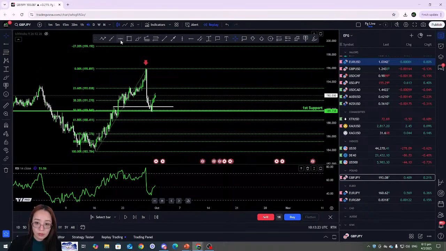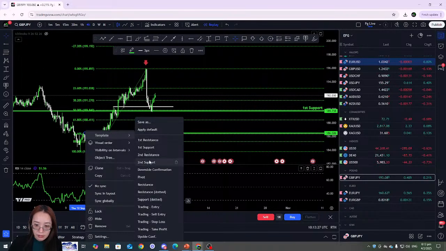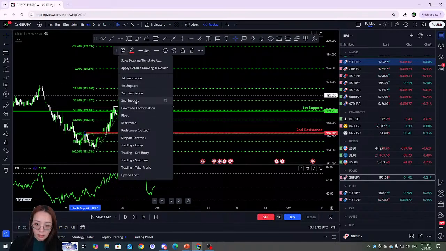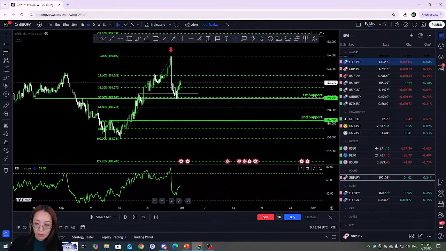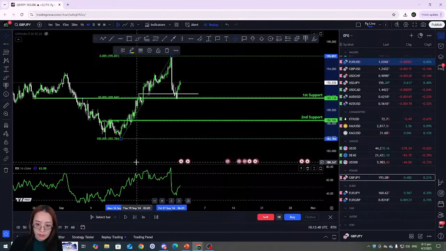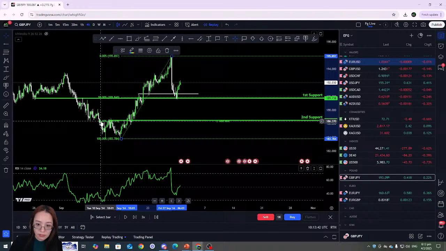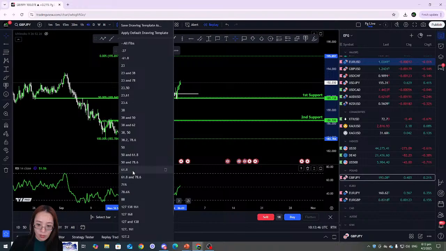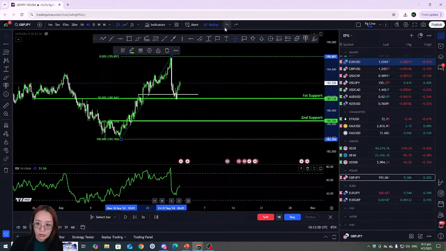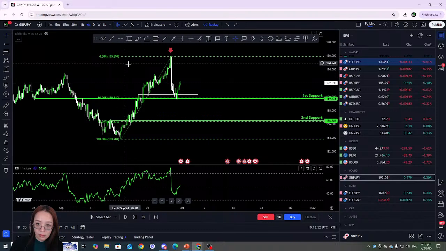This is going to be my second support, meaning that if price breaks below my first support, the second support has 50 for first, second for 78.6%. I will add 61.8% as well to place my stop loss.